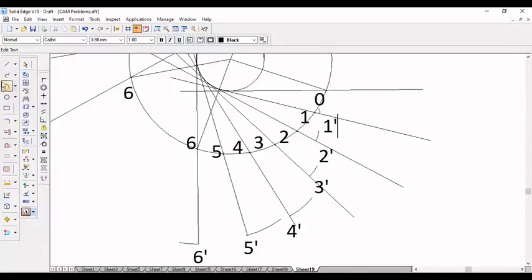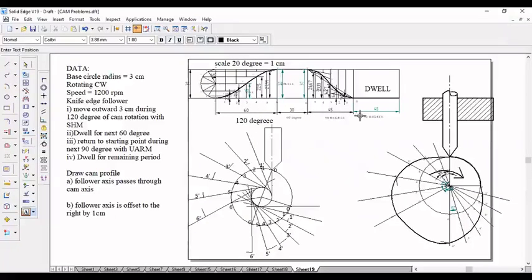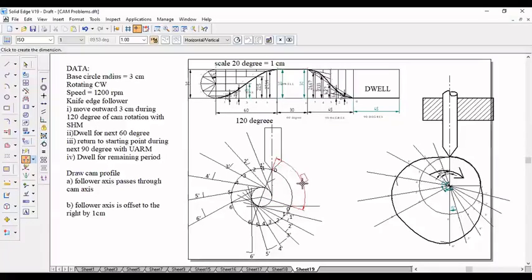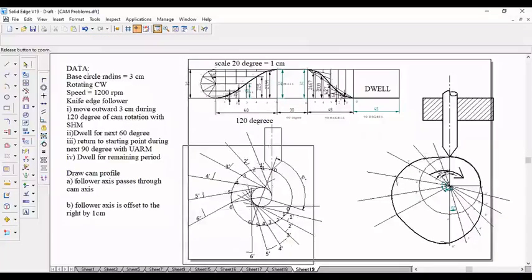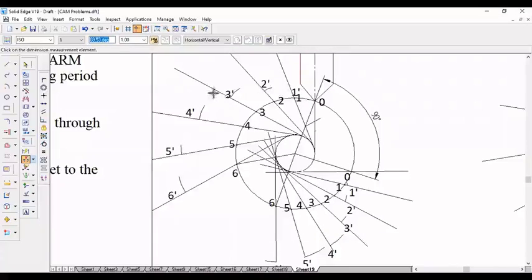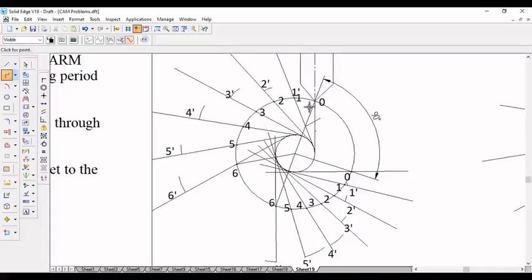So now, after getting all the points, the next one is again 90 degrees. That means from this particular point to this particular point, it is 90 degrees. The remaining angle is 90 degrees. Okay. Now I have got all the points here, right? Whatever the points I have got here, those are the cam profile points. So you must just take a curve.